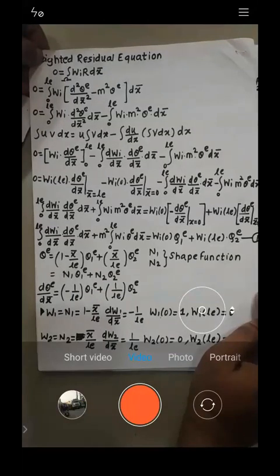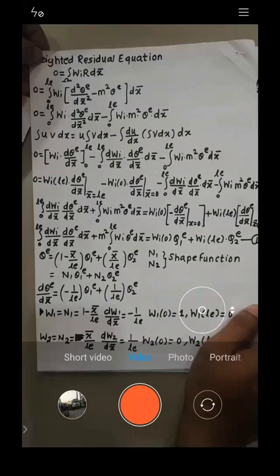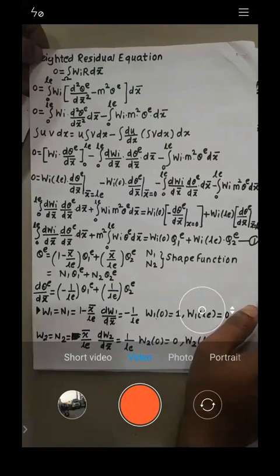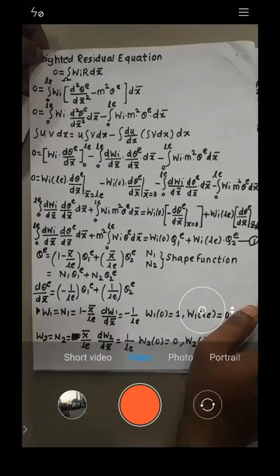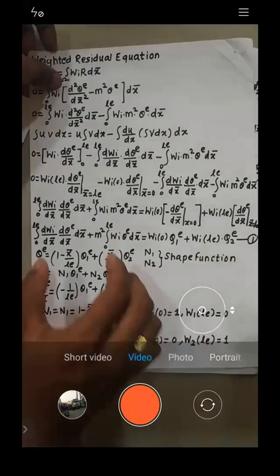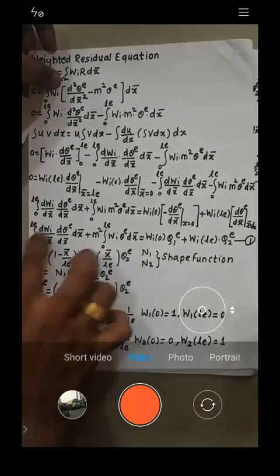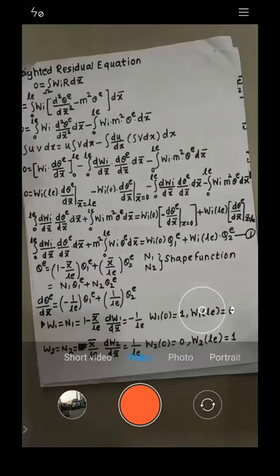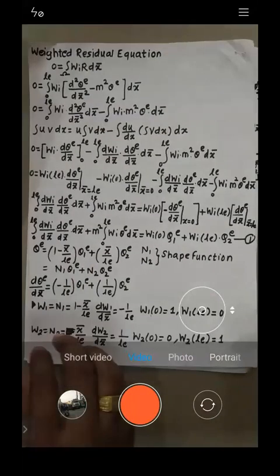That line can have 2 nodes, 3 nodes, or 4 nodes. If it has 2 nodes, it is linear. If it has 3 nodes, it is quadratic. If it has 4 nodes, it is cubic. So in the next lecture you will be able to clear your doubt about the equation we have used now. Is it okay to everyone?